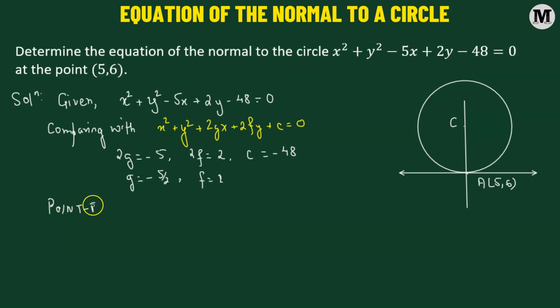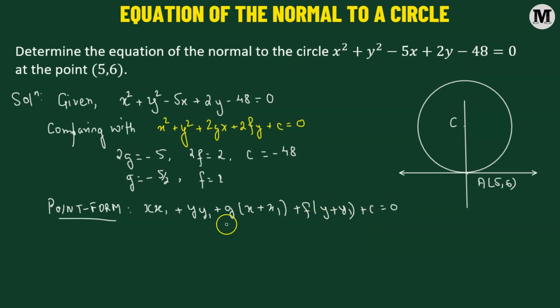If a line is tangent to the circle at a point (x1, y1), then the equation of the tangent line is x times x1 plus y times y1 plus g times (x plus x1) plus f times (y plus y1) plus c equals 0. Here we have the values of g, f and c, and also x1, y1, which are nothing but the coordinates of the point A.